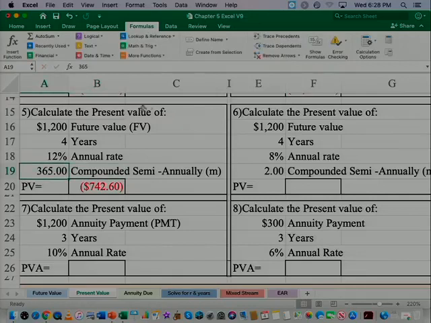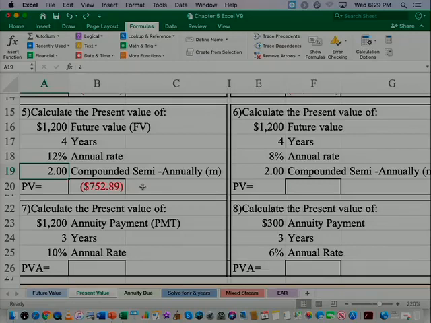So you see at 365, the present value is only 742. At 12, or monthly, it's only 744. At quarterly, it's 747, and semi-annually, it's 752. So the higher the frequency of compounding, the bigger the effect of the discounting. That's usually a test question. Write that down. All right.